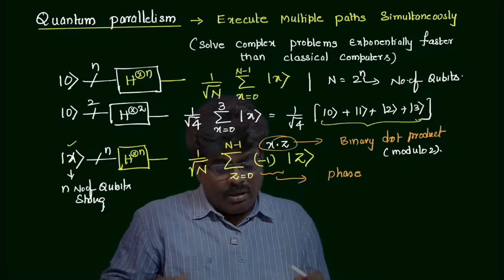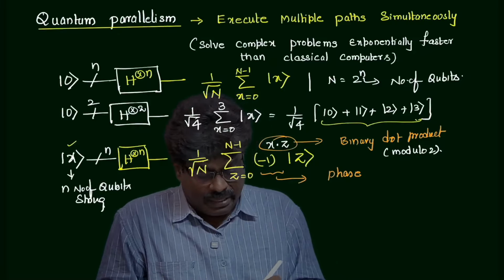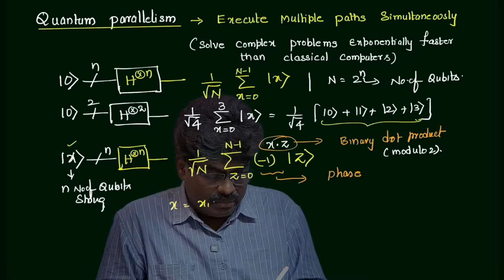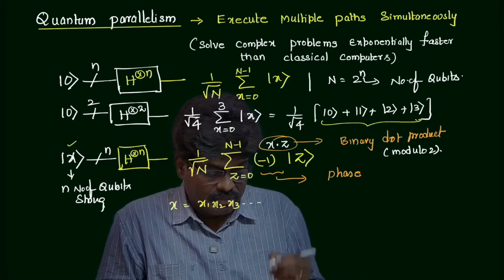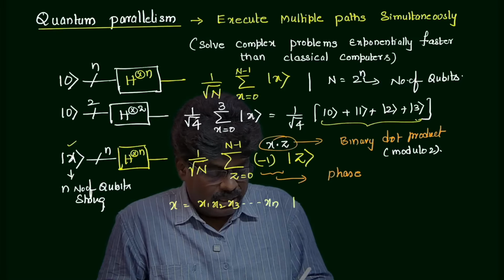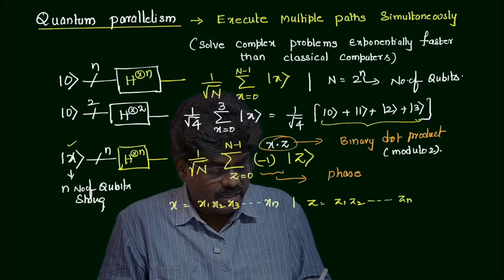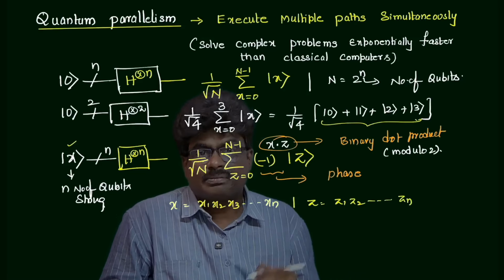Okay, so now what is this binary dot product? For example, you have x equal to x1, x2, x3, so on, xn, and z equal to z1, z2, so on, zn. So both are n-bit strings.